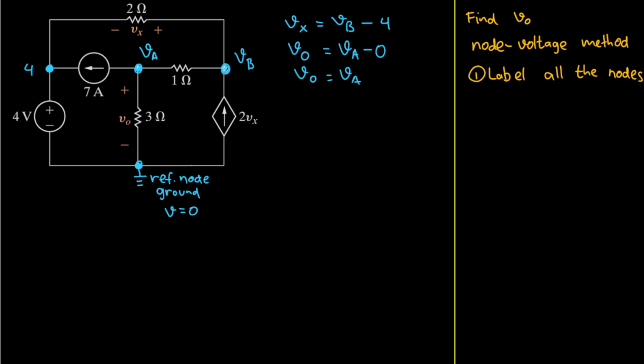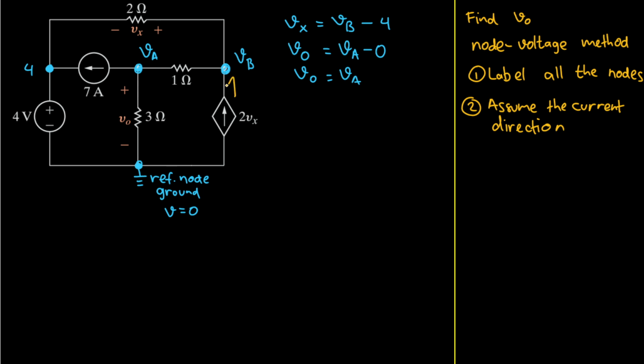Good. Now let's move on to the second step. We need to assume the current's direction. For the branch with the current source, I just follow the arrow here.